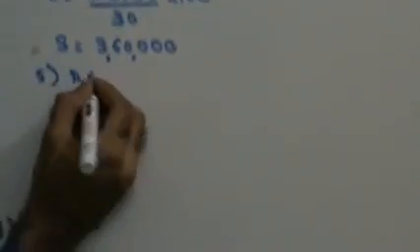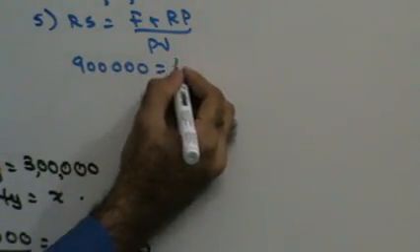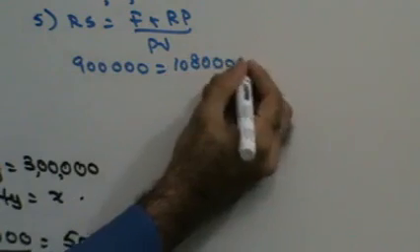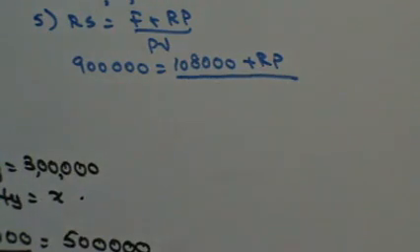I can use the formula: required sales is F plus required profit upon PV, on a sales of 9 lakhs. 9 lakhs is my sales. F we found out is 1,08,000, plus required profit upon PV. PV we had found out as 30%.